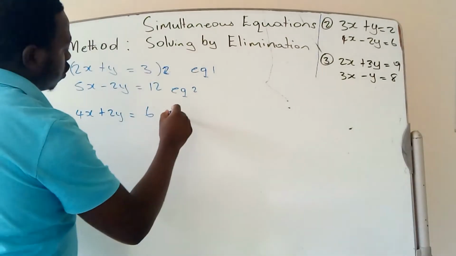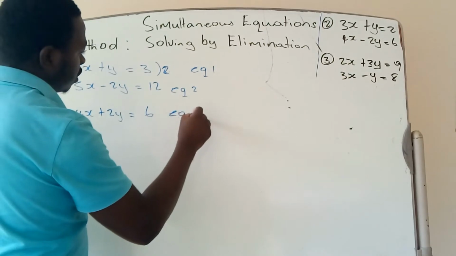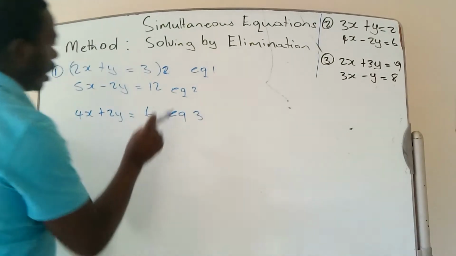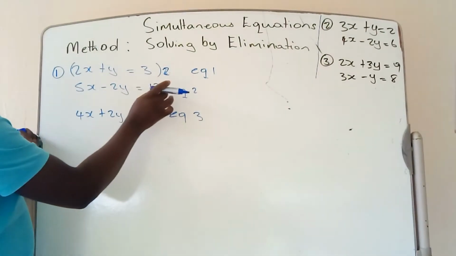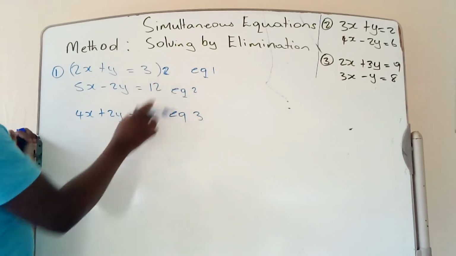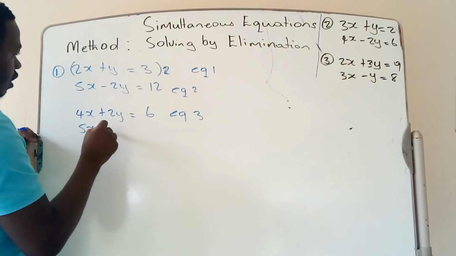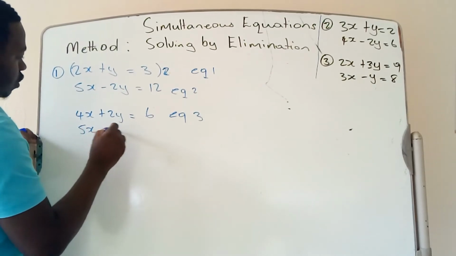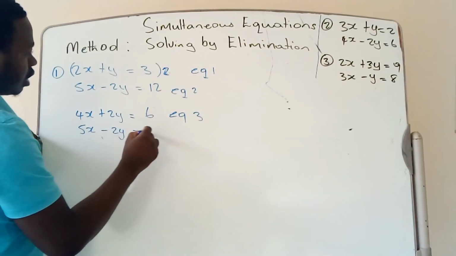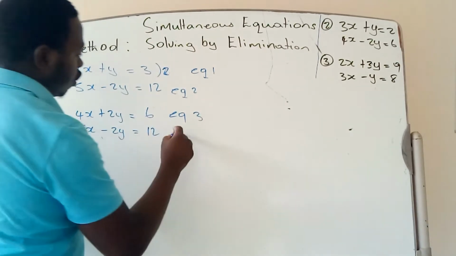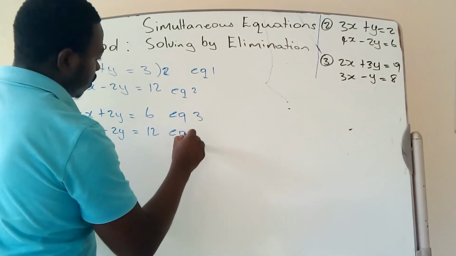Now this is equation 3. All I need to do is write back equation 2 down here, which is 5x minus 2y equal 12. And I'm going to call this equation 4.